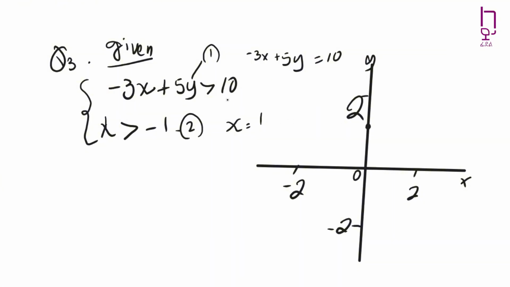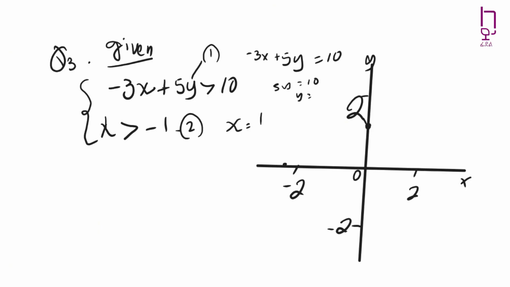So first the y intercept. The y intercept is when x is 0, right? So when x is 0, you have 5y is equal to 10. So y is 2. So it crosses the y axis at 2, here. So this is 2. Where does it cross on the other side? Somewhere here.